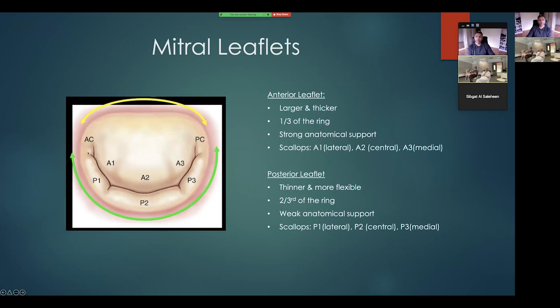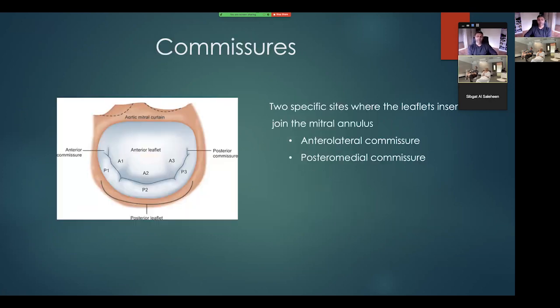Whereas the posterior is a thinner and more flexible structure, but it covers two thirds of the ring. Its anatomical support is not great, and that's why posterior prolapses are more common than anterior. Especially P2 has the weakest anatomical support, so P2 prolapse is the most common prolapse compared to all the other mitral valve leaflets.